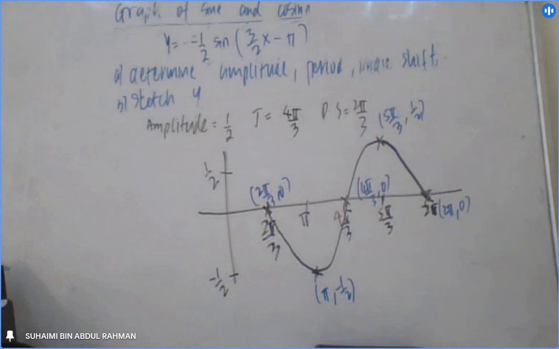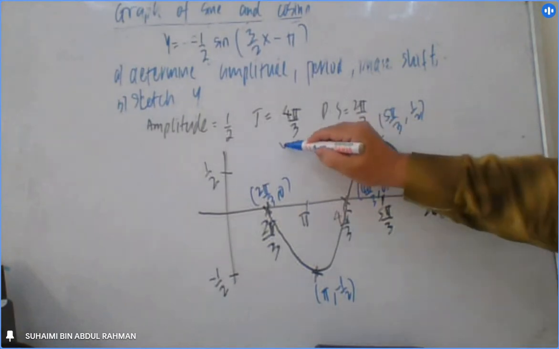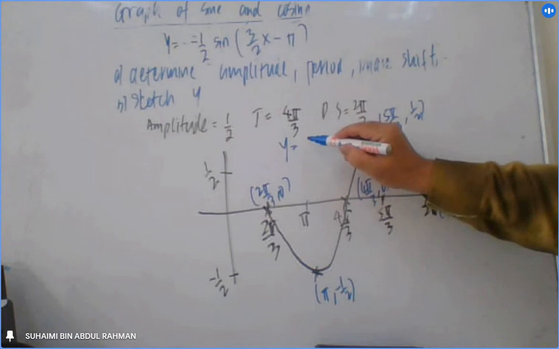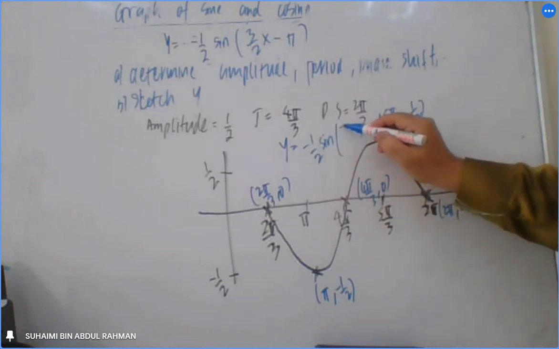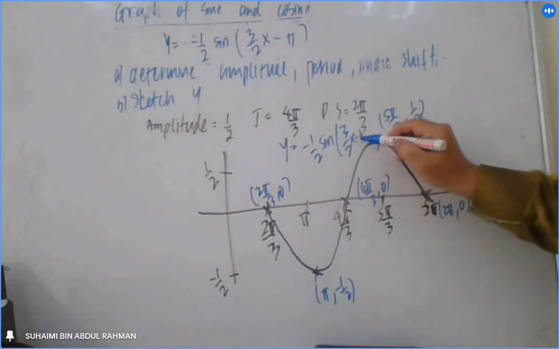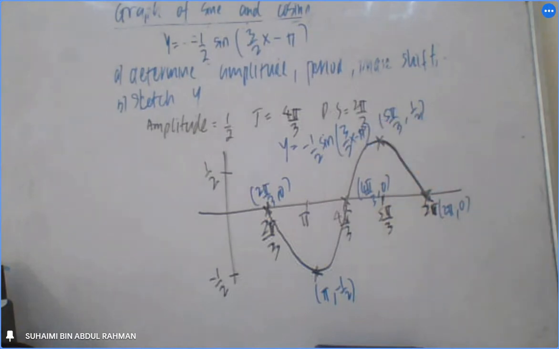And what is the function here? y equal to minus 1 over 2 sine 3 over 2x minus pi. The name of this function.